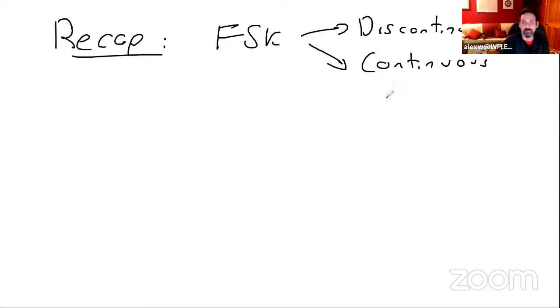The discontinuous was quite brutal. Simply put, it was like a multiplexer switch, and if it was binary FSK, depending on what value during that symbol period we had, it basically switched to one of two possible frequencies, right? So we had something like this for discontinuous.